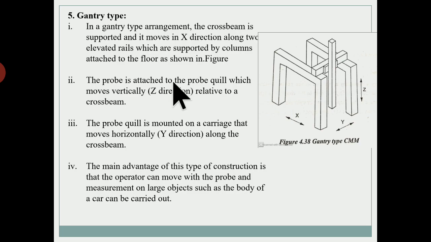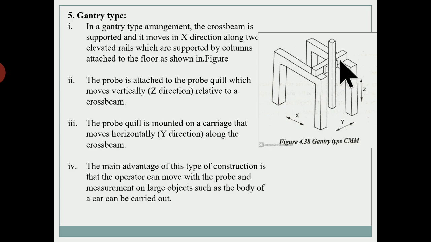The probe is attached to the probe quill which moves vertically relative to the cross beam. This is the probe which can move in Z direction. The probe quill is mounted on a carriage that moves horizontally, that is in Y direction, along the cross beam.